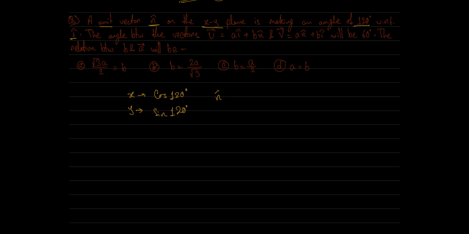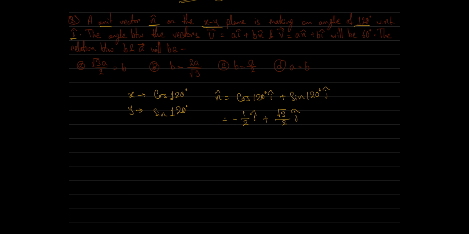So what will be the n cap? n cap will be cos 120 degree i cap plus sin 120 degree j cap, that is minus half i cap plus root 3 by 2 j cap.